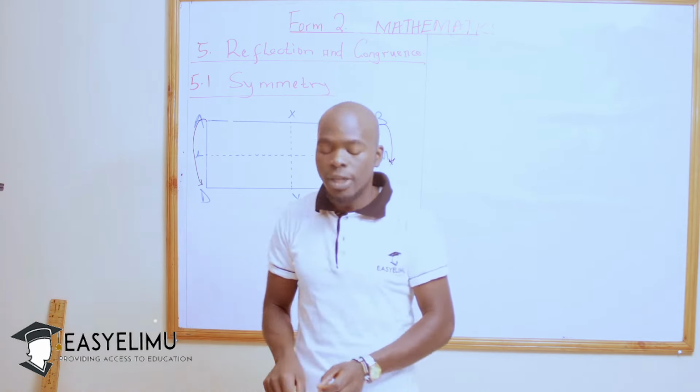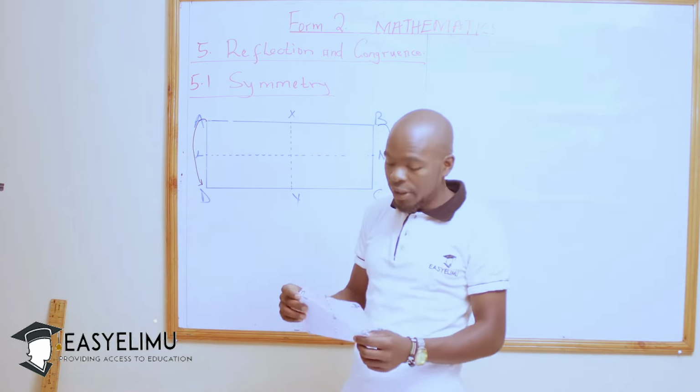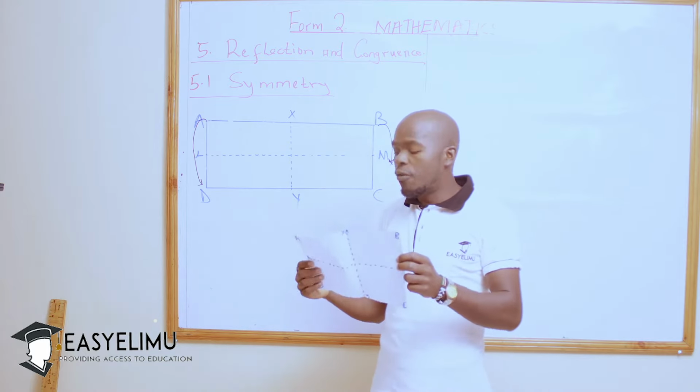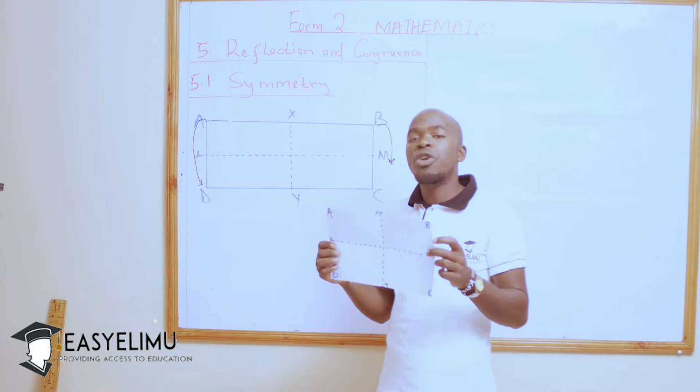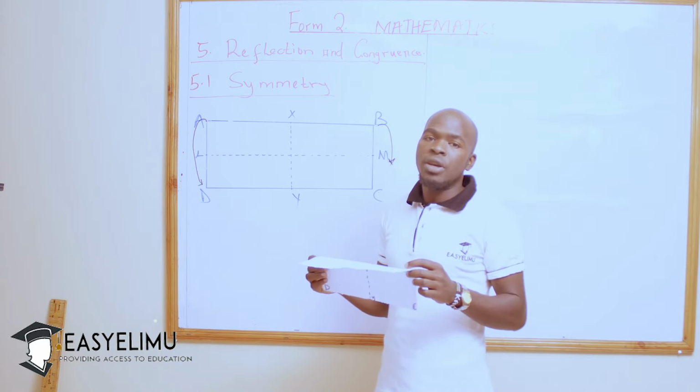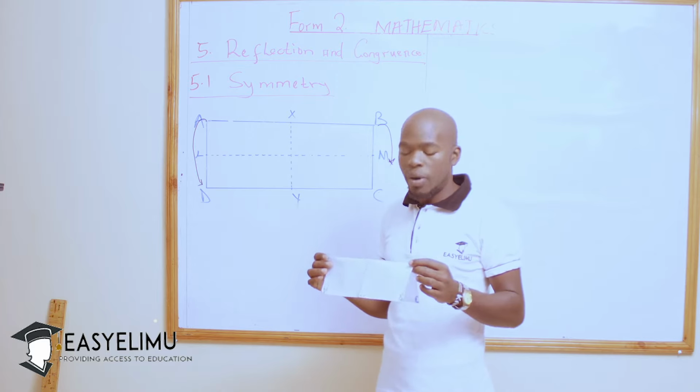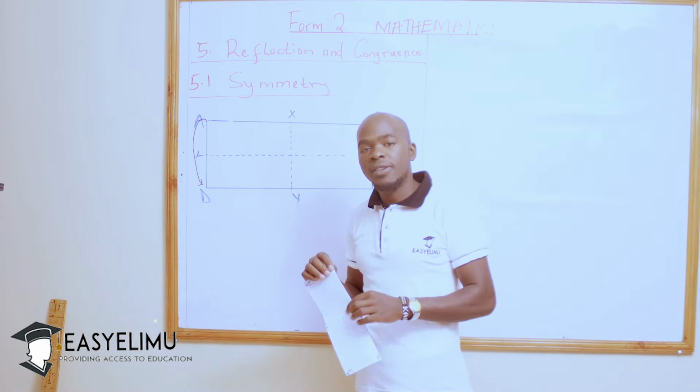I believe you have understood what I mean by symmetry. It is a line of fold such that if you fold a given plane along that line, it will divide that plane into two equal parts. That is what we refer to as symmetry.